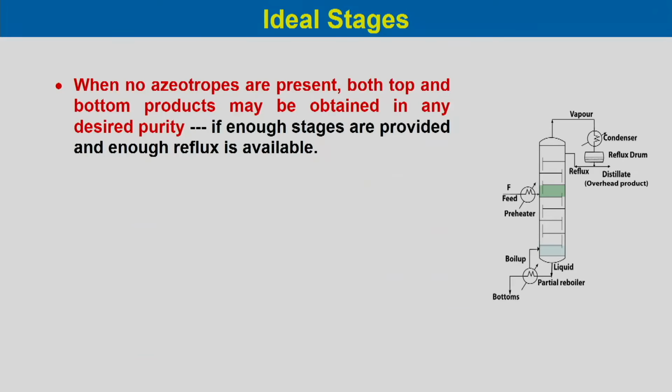When no azeotropes are present, both top and bottom products may be obtained in any desired purity if enough stages are provided and enough reflux is available. So, depending on the number of stages and the reflux, any desired purity of the product we want we can achieve using distillation.